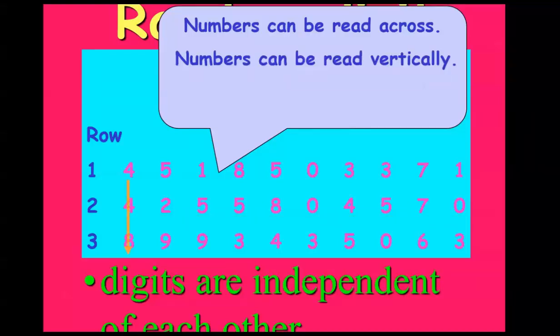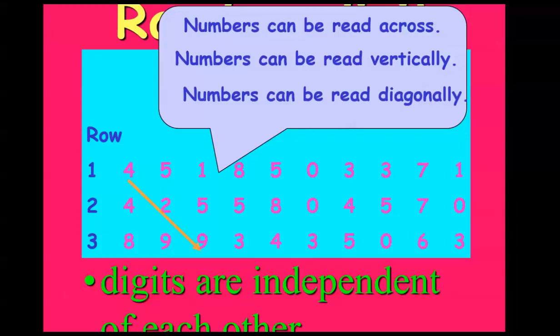I can also go up and down with the digits. Or the other way is I can actually go diagonal with them, one way or the other. And we use the random digit table to help us take the bias out of our picking. I know it sounds silly, but hopefully at this point we've done that in class activity about samples.